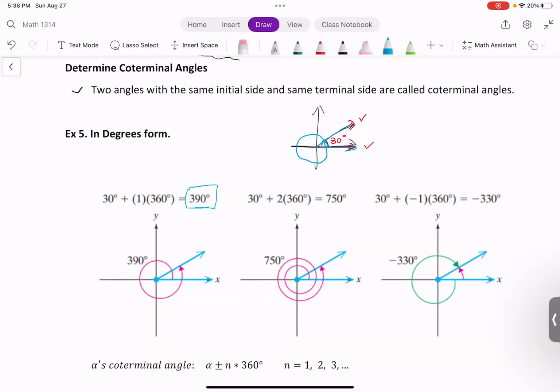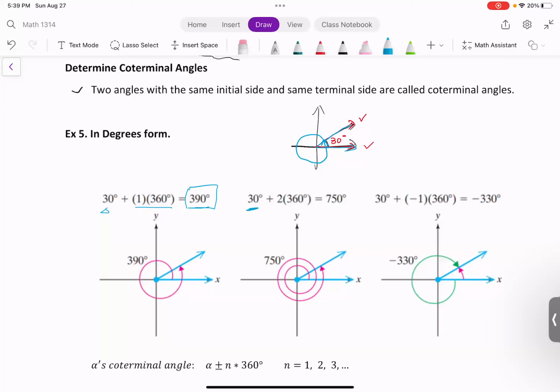If I have the angle 390 degrees, that means based on the 30, I did one more rotation. The angles 30 and 390 have the same initial and same terminal side, so 30 and 390 are coterminal angles.